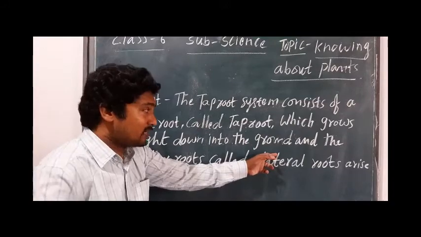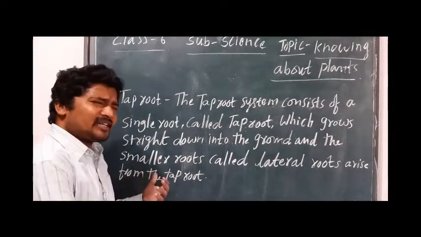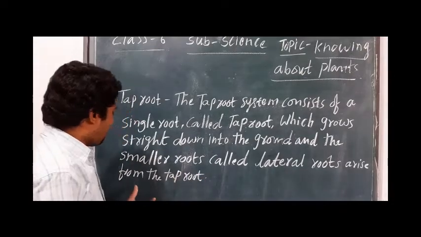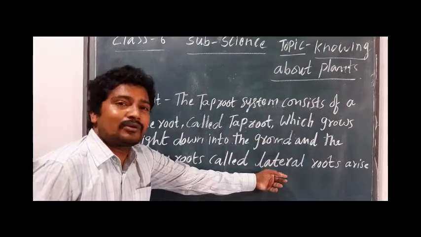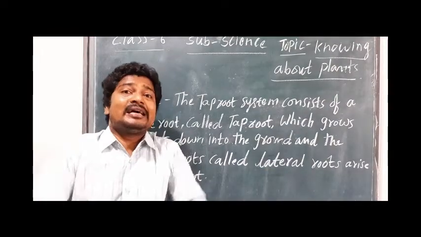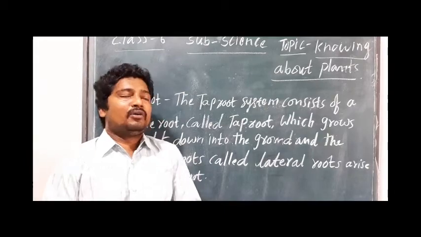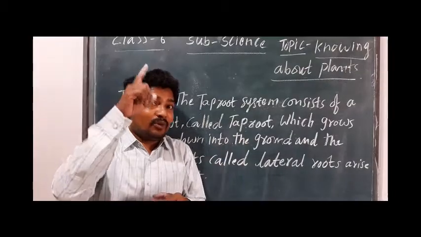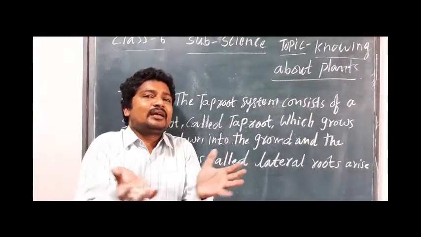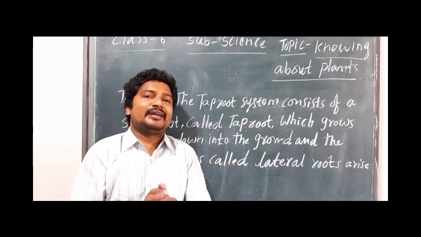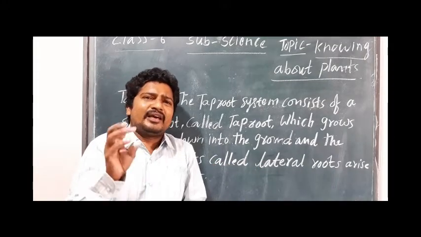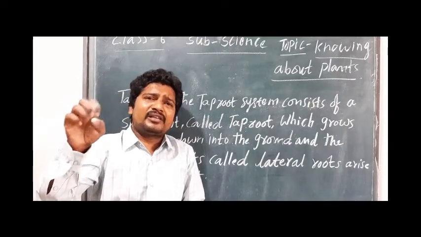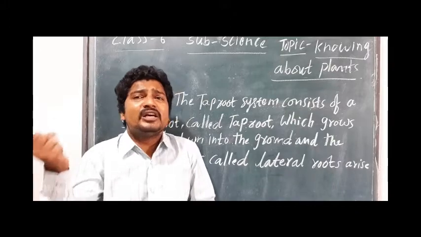The tap root grows straight down into the ground, and small roots arise from the tap root, which we call lateral roots, or side roots. When you see the plant's root system, there is only a single root and on the side, small lateral roots arise. They hold the soil and attach to the soil very strongly.